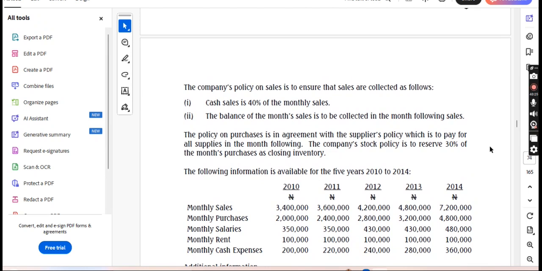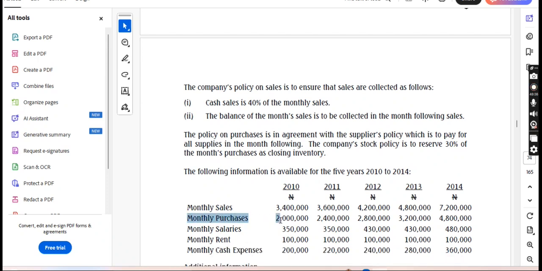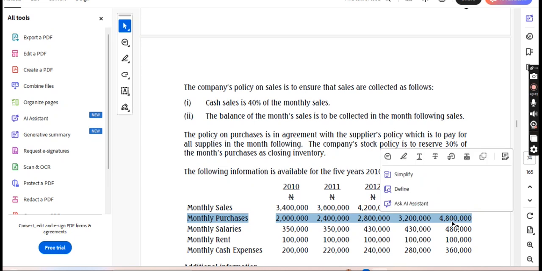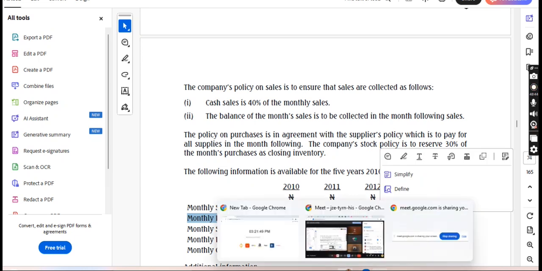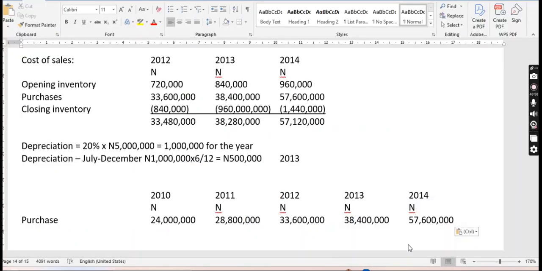Now, the policy on the purchase is in agreement with the suppliers. What it means is that in the month following, if they purchase all these things monthly, class, they will not pay it immediately. They will not pay them in that month.